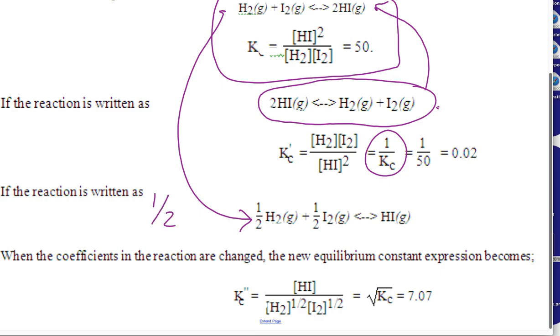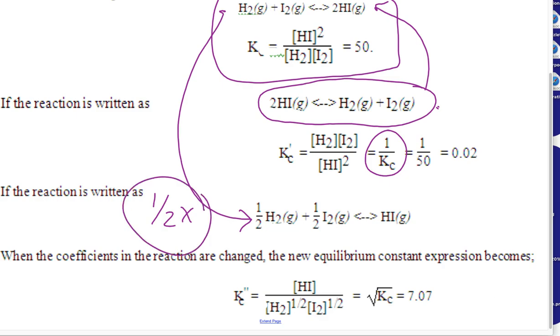When you multiply through, you're changing every single coefficient, right? What are the coefficients? Where did they fall in the equilibrium expression? They were exponents. So all you do is you raise the K to that number, whatever number you multiplied by.